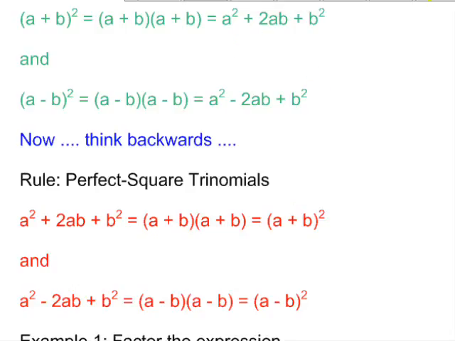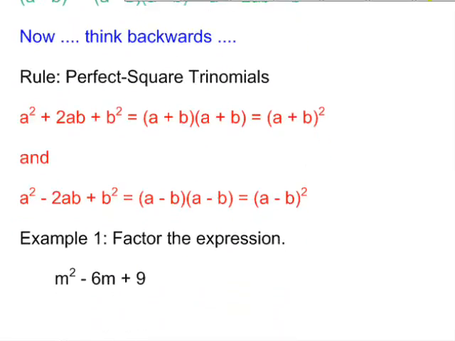So as we move down, we're going to look at the rule for perfect square trinomials, and it's exactly backwards of what we just talked about, where if we have a squared plus 2ab plus b squared, we can take the square root of a squared, which is a, and the square root of b squared, which is b, and we can split this up.